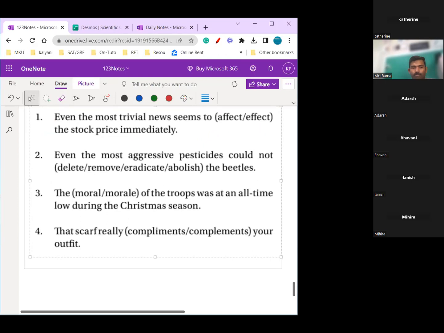Okay, the first one. Even the most trivial news seems to affect the stock price immediately. Put your answers in the chat box. Which one do you think is right, affect or effect? Okay, I see some answers.